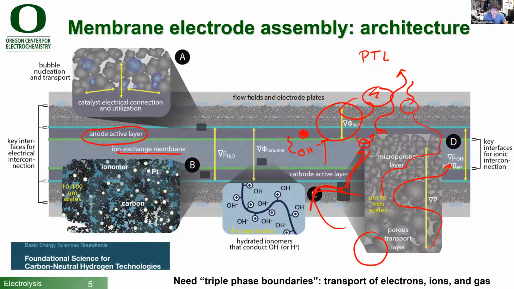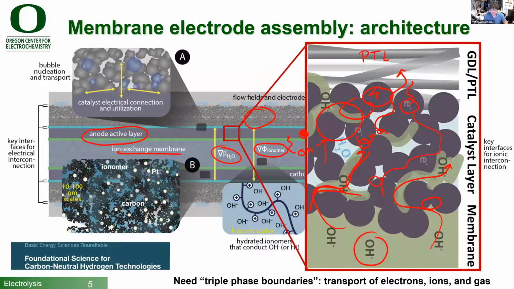All this is supported on this porous transport layer, which itself has a distribution of pore sizes, and these are typically sintered metals or metal fibers. So there's complexity at many different length scales. There's gradients in the water content, gradients in the electric potential, gradients in the pressure due to the formation of gases. And understanding and designing this is a major challenge.